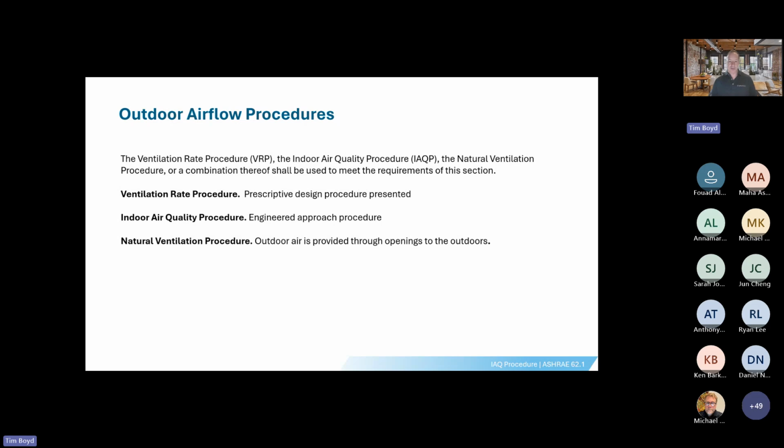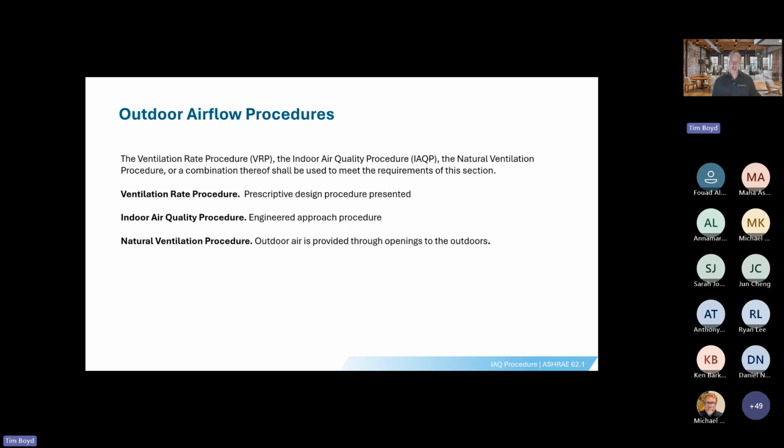The indoor air quality procedure is traditionally more of an engineered approach, meaning you have to design some aspect of the system in an effort to create the air quality that you're looking for. But that requires a lot of risk on the engineer to determine aspects like what's the generation rate in the space, and what are the contaminants you're trying to prevent from becoming too dense in that space, and so on.